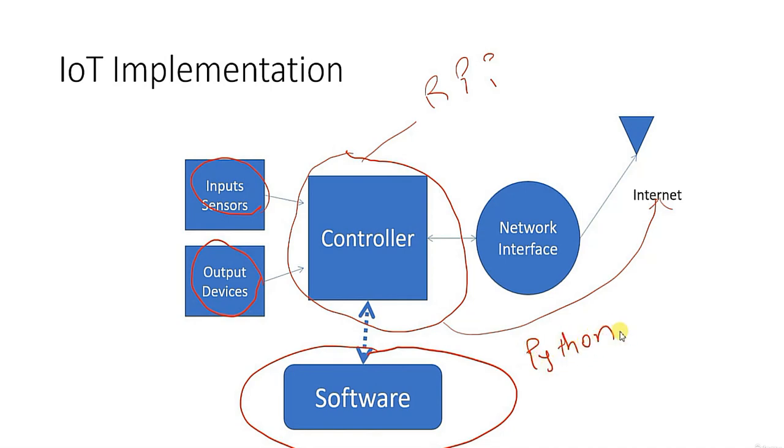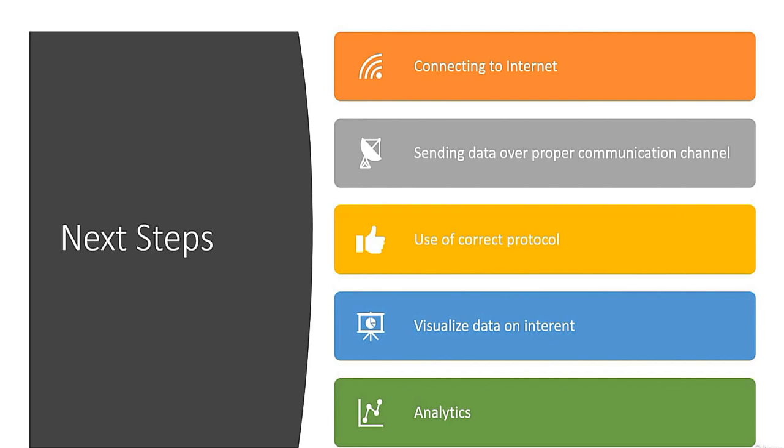Now let's see what else we need in order to create an IoT application. So these are the next steps. Right now the very first step is to connect our system to the internet, then send the data over a communication channel, so deciding a particular communication channel to connect to the internet and send data.